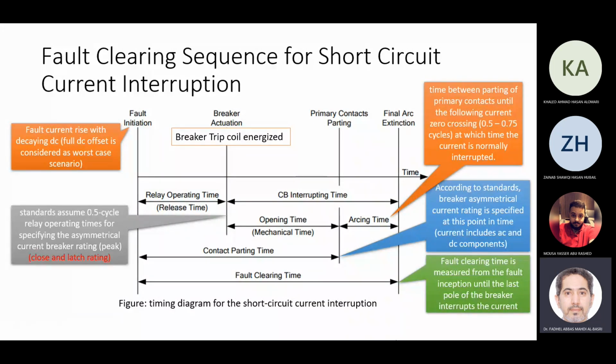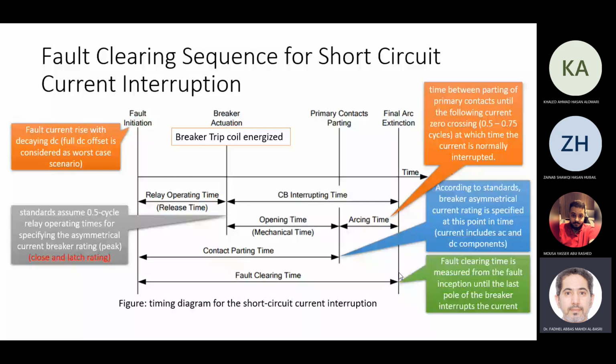Okay, so the total time from the fault initiation until you remove all the arc by the circuit breaker is called the fault clearing time, where the fault is fully cleared by all the poles. Yani not only the faulty phase, all the poles.